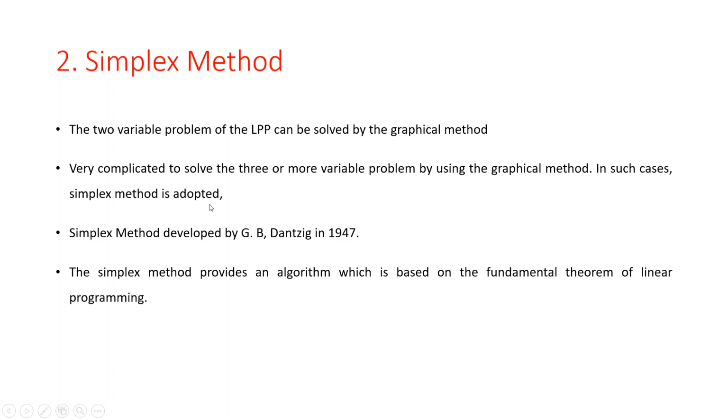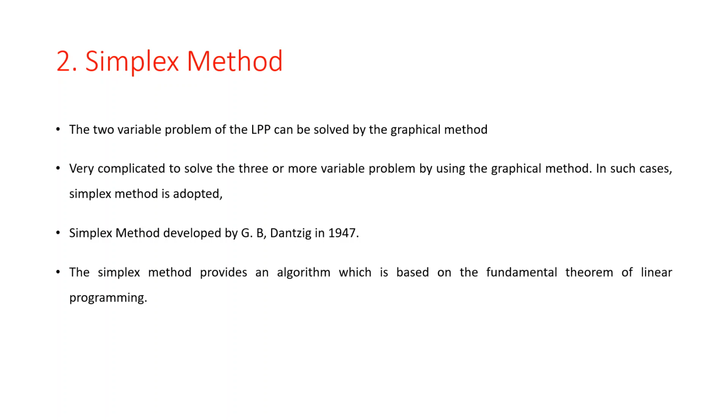By using the simplex method we can solve the given problem for more than two decision variables. The simplex method was developed by G.B. Dantzig in 1947. This method provides an algorithm which is based on the fundamental theorem of linear programming.